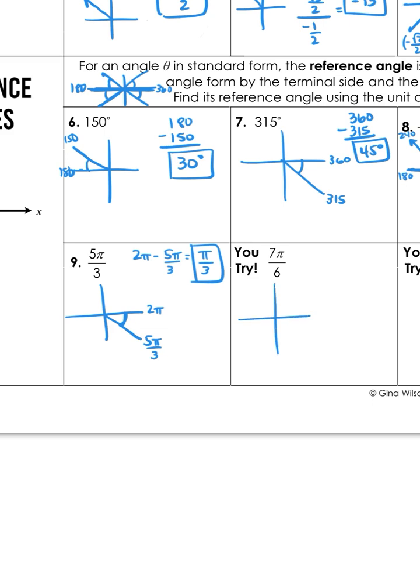7 pi over 6 is going to be here. So I'm going to do 7 pi over 6, and then pi is on this side. Since 7 pi over 6 is bigger than pi, I'm going to subtract that way, and I'm just going to get pi over 6.